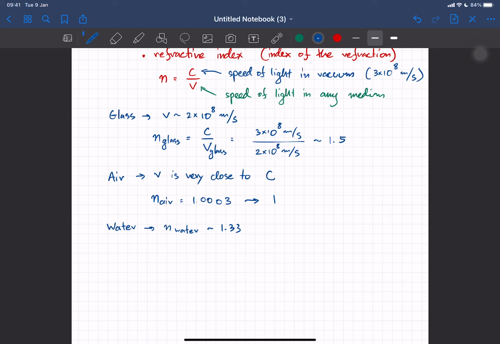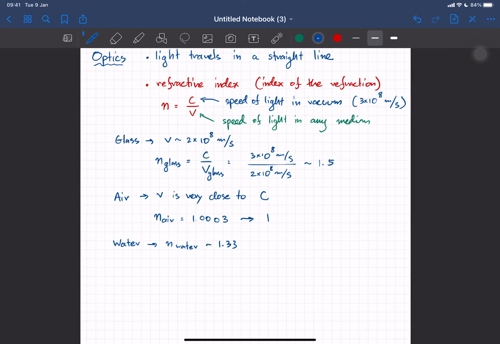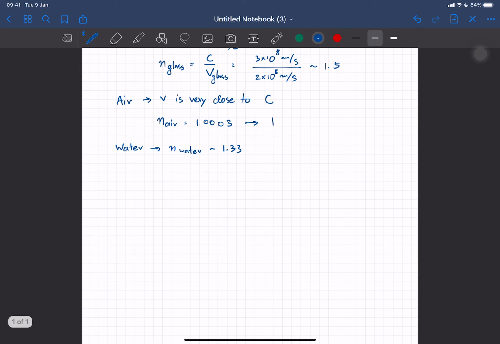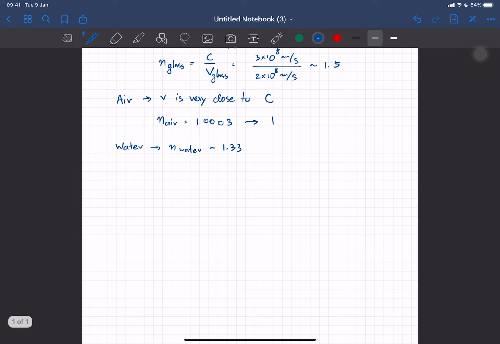Because of the difference in wave speed, or the speed of light in different media, when light enters a different medium, it will do two things. It will reflect and it will go through into the other medium.